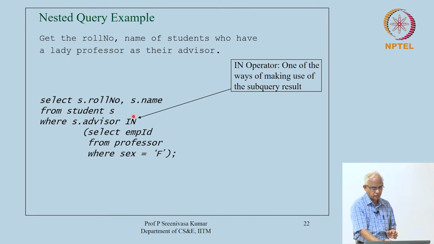So, this in is one of the operators we can use to connect up the subquery results with the main query. How does the whole overall query work?